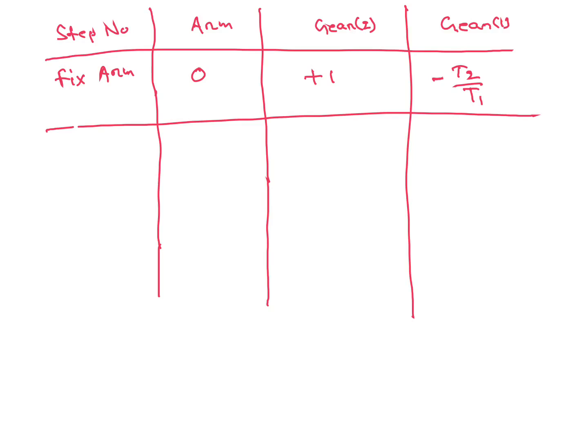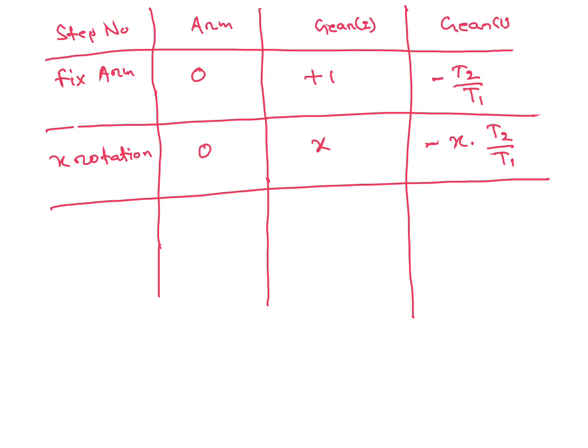Next we will give X rotation. Then arm is fixed, so 0, X, minus X into T2 by T1.